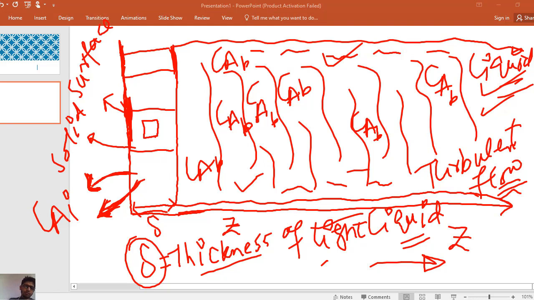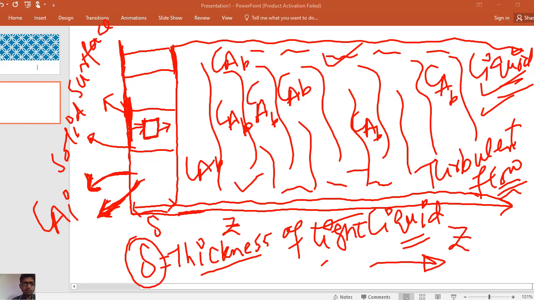This is a small element having thickness delta z. This is the z direction.